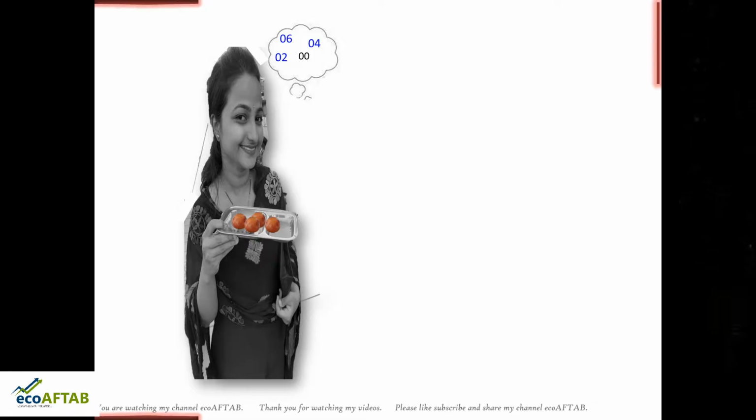And if she is forced to eat one more additional unit, that is the fifth unit, she may get negative utility. So friends, what you can see over here is, if she goes on increasing the consumption of gulab jamun, every additional unit will give her less and less utility.